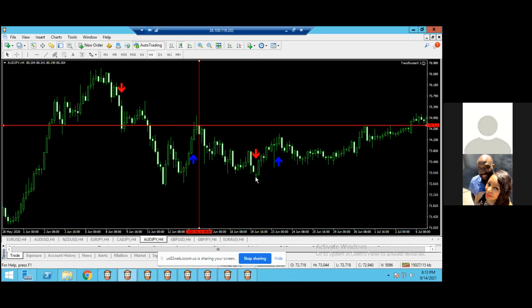Because here's a perfect example. There's a signal and then it went straight up. The win rate, by waiting 3 to 4 candles, that's how we get the accuracy, because that's the confirmation that it's going in that direction.